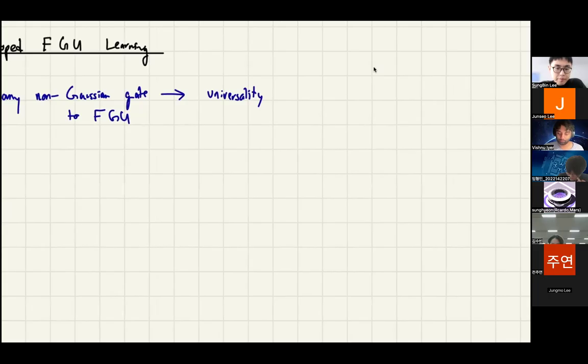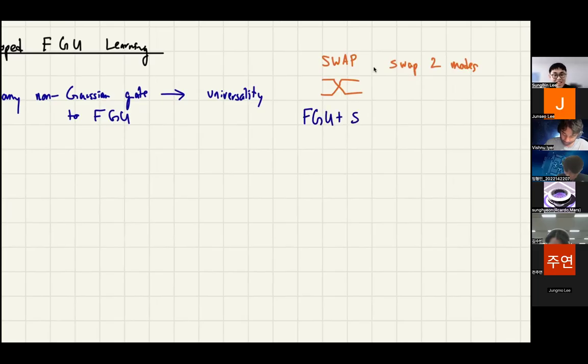An example is the swap gate, which basically swaps two buckets of fermions. It just swaps two modes. And the fact is that FGU plus swap equals everything.